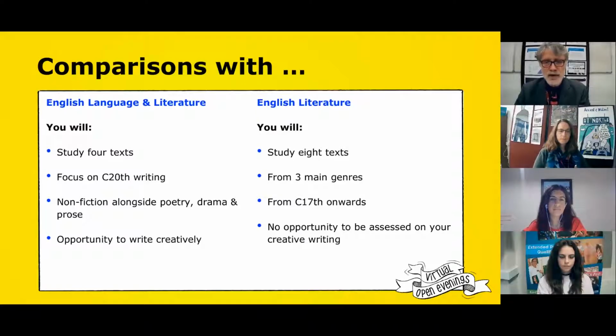I'll say one more thing, and that's on terminology. So if you do literature, then the kind of terminology you use is literary terminology. So you're mostly using terms like metaphor, alliteration, that kind of thing that you're familiar with from GCSE. If you're doing English language, then you're not primarily focusing on those literary terms, but more on linguistic terms.